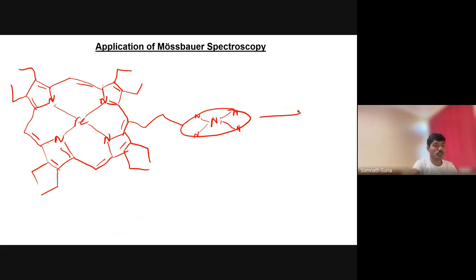Okay. Then they treat with this, some formation of this OH, PhIOR. Okay, this is the iron 3. This is nickel 2. Okay, a 4 electron oxidation is forming. This is Fe.